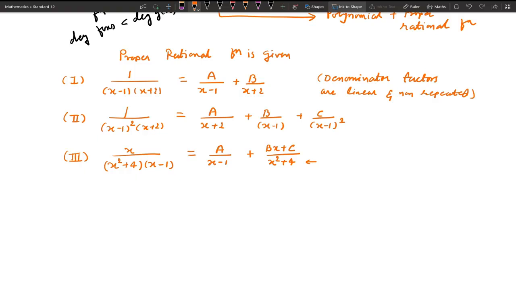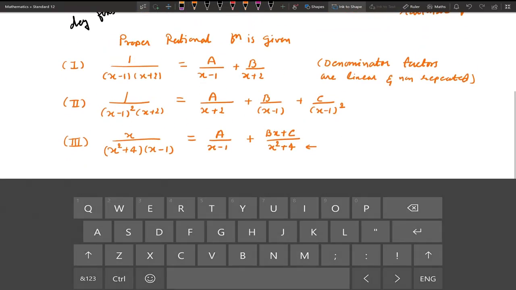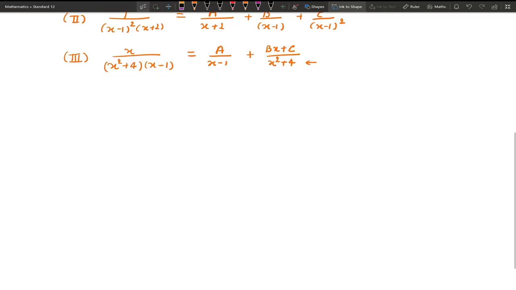So let us take one example. Integrate I equal to integral of 1 upon x plus 1 times x plus 2 dx. Solution.